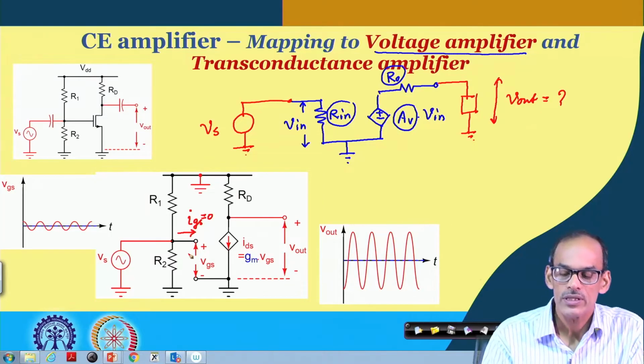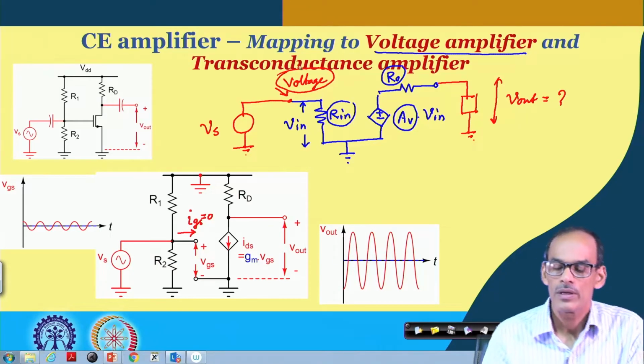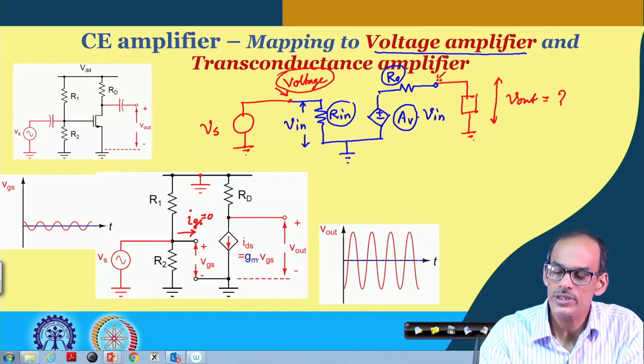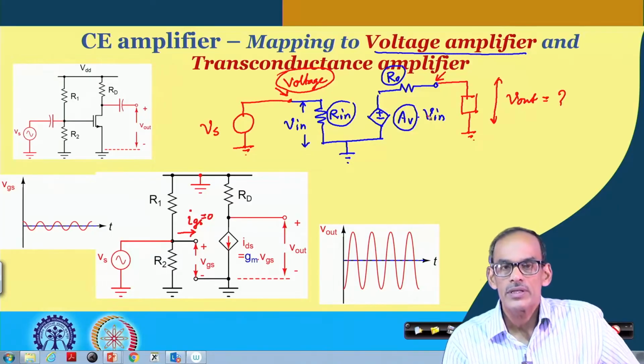So, the signal at this input port will always be in the form of voltage. On the other hand, at the output port, the signal can be voltage as we are showing here, but it can even be current also.